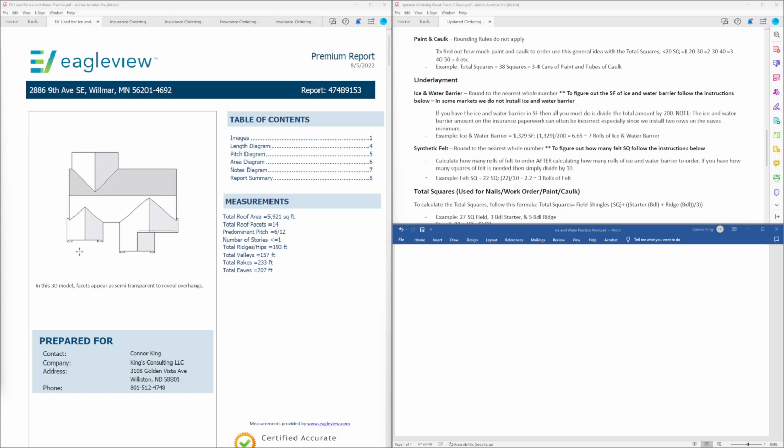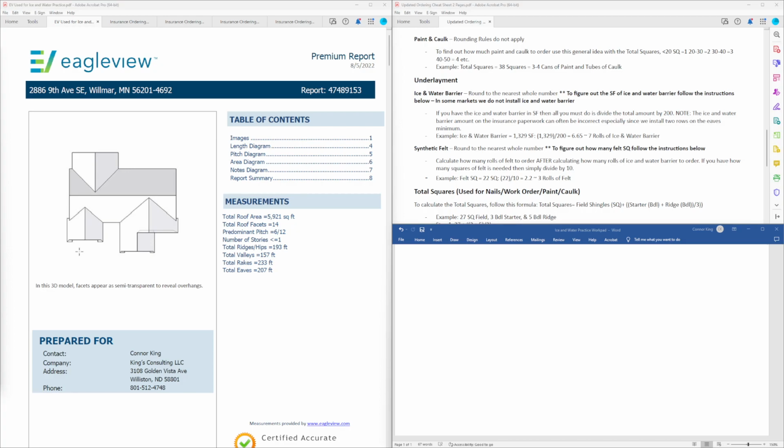The only thing that we wouldn't be able to necessarily figure out using the Eagleview would be the accessory count. So how many vents or pipe boots or any other specific accessories are needed. That's something that we would need to either have photos of.